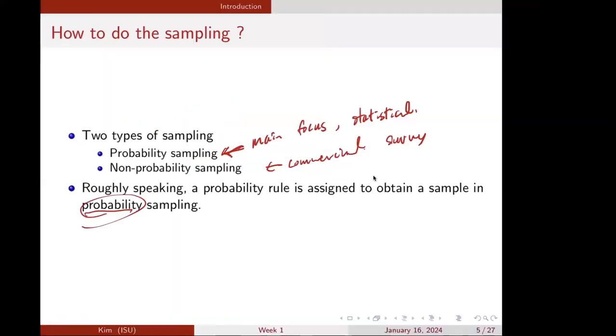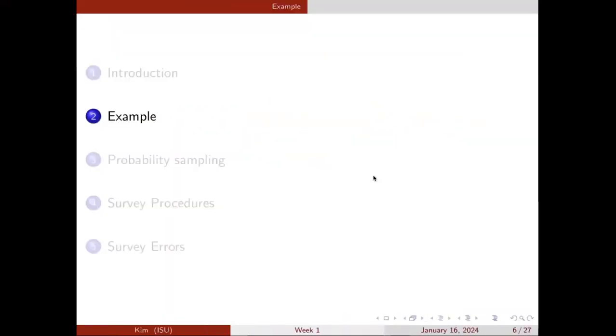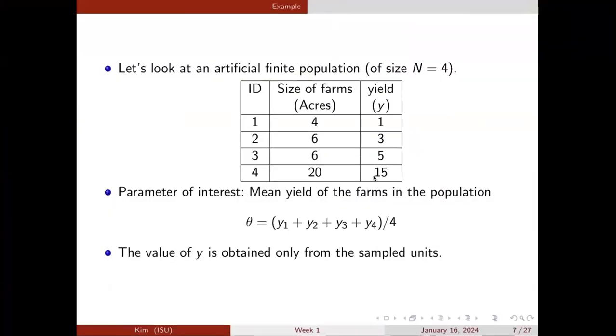We'll see the idea using a toy example. So here's a simple toy example. Suppose you have a very small town, maybe smaller than Ames. In that town, there are only 4 farms. So 1, 2, 3, 4.